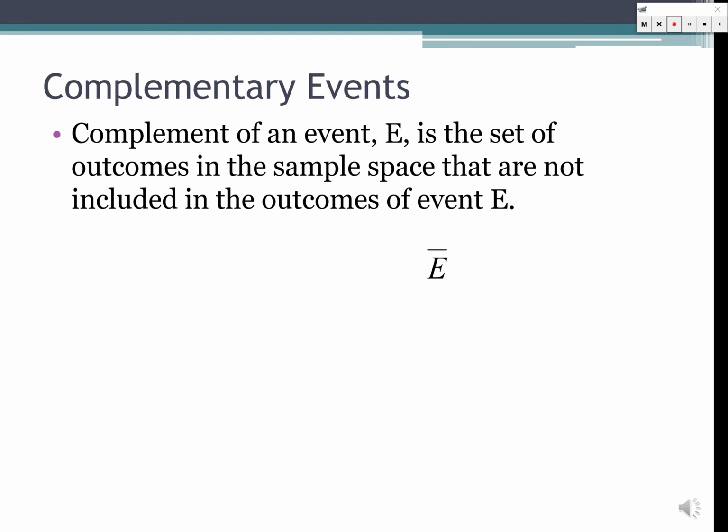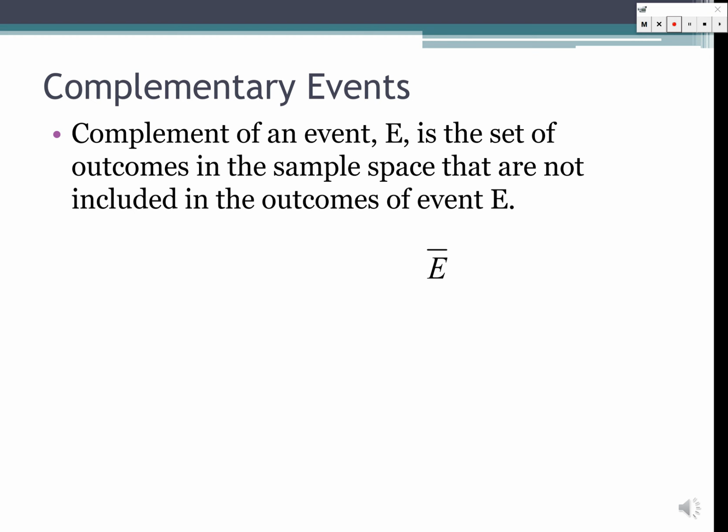Now let's talk about the complement of an event, now that we're getting more familiar with events, and have found some classical probabilities and talked about some of the basic rules. The complement is the set of outcomes in your sample space that are not part of your event, whatever that happens to be. We will do several examples of this.